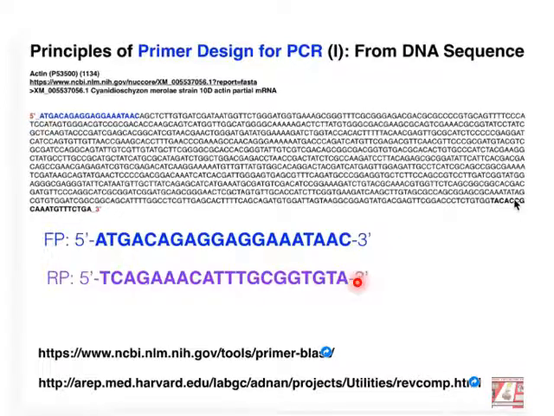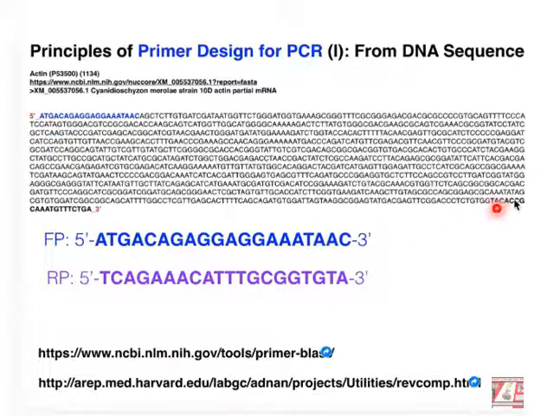And if we want to make sure that we got it correct, we compare the last 20 nucleotides with the reverse primer that we got from the second website. We can see that the first nucleotide is T, and the complement of it is A, and so on.